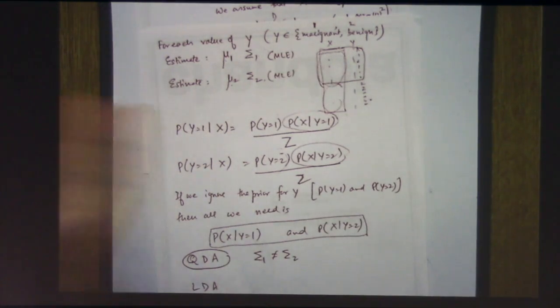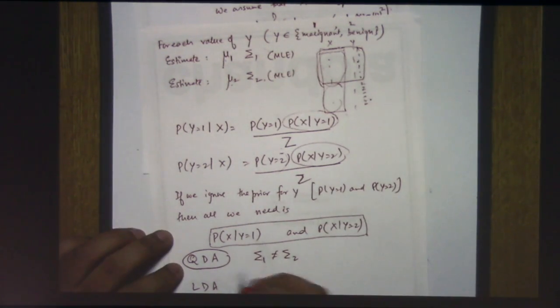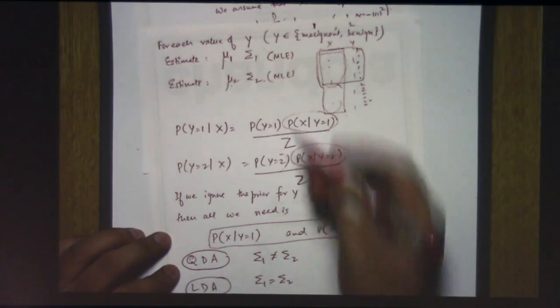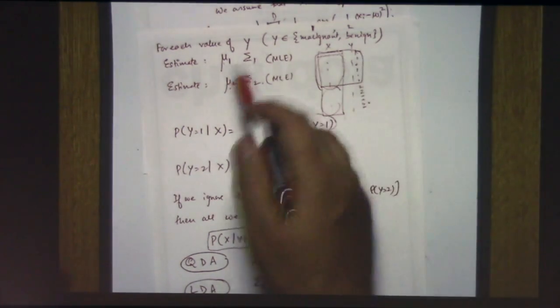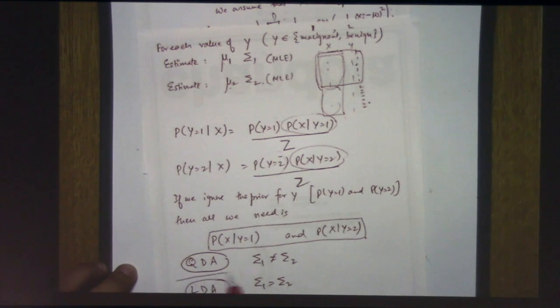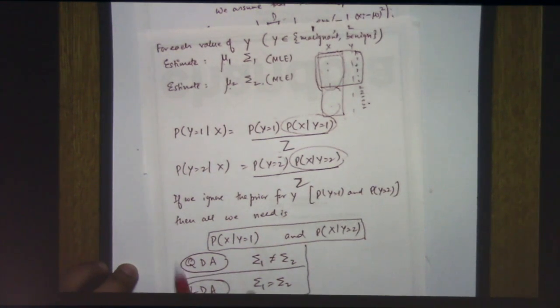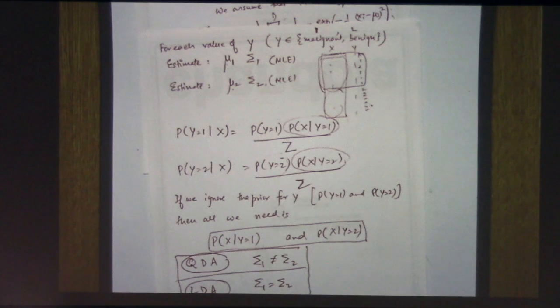Pooled means just put it all together, right? So we force sigma 1 equal to sigma 2. Of course, mu 1 and mu 2 are different in both cases. Then the resulting classifier is called LDA, or linear discriminant analysis. When you implement this, you will see the reason why we call it quadratic and linear.